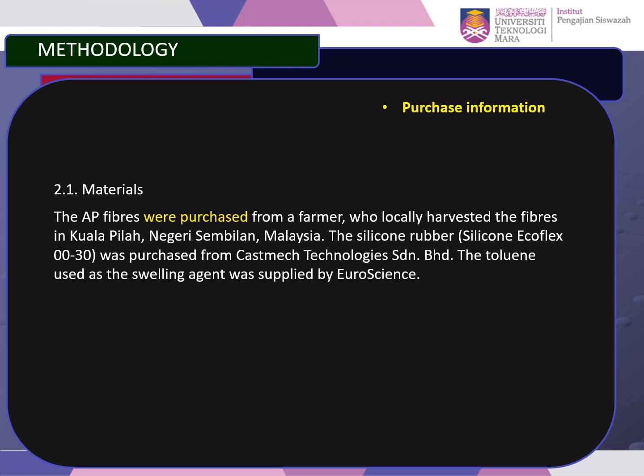And sometimes if they use a different natural fiber from elsewhere, from a different growing place, it will give slightly different results. So that is the rationale why you mention where you purchase or where you get the materials from.